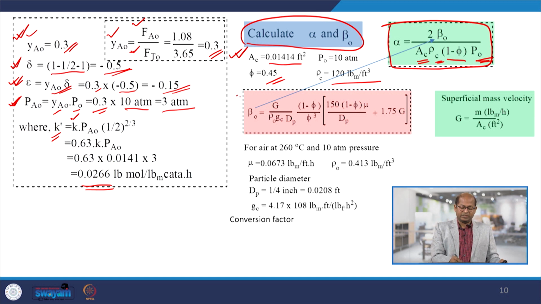Beta 0 is the pressure drop parameter for packed bed reactors. From the Ergun equation we have considered it as a constant, and the beta 0 value is this.